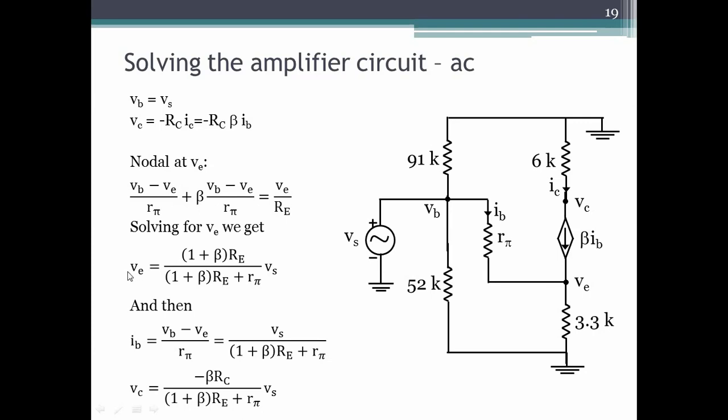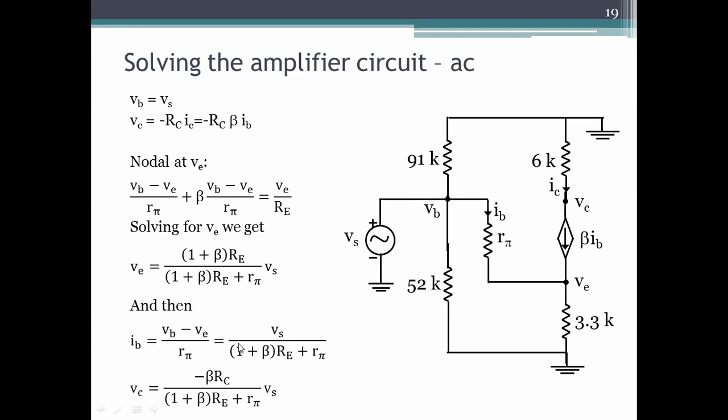So for VE we get (1 plus beta) RE by ((1 plus beta) RE plus R pi) into Vs. So we found the emitter voltage in terms of the signal source voltage. And then IB is (VB minus VE) by R pi, where VB is Vs and VE we found.